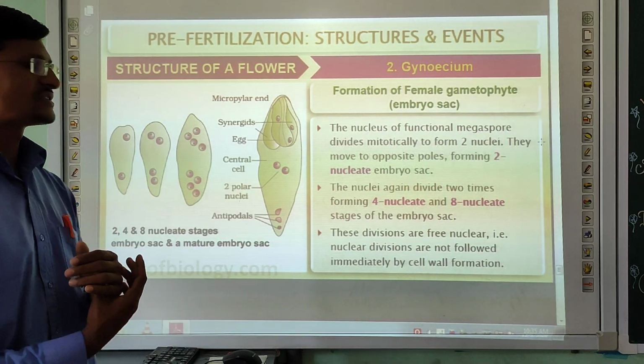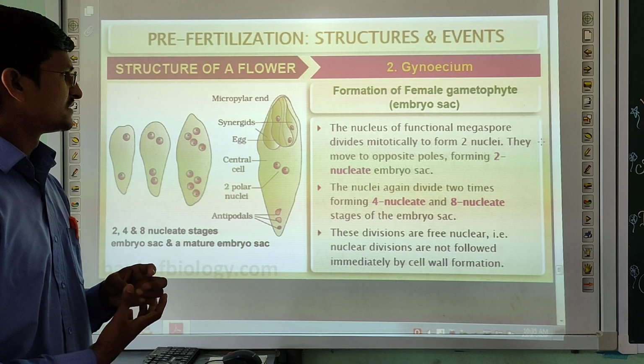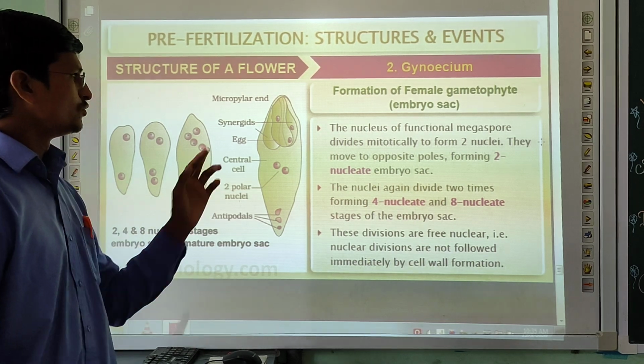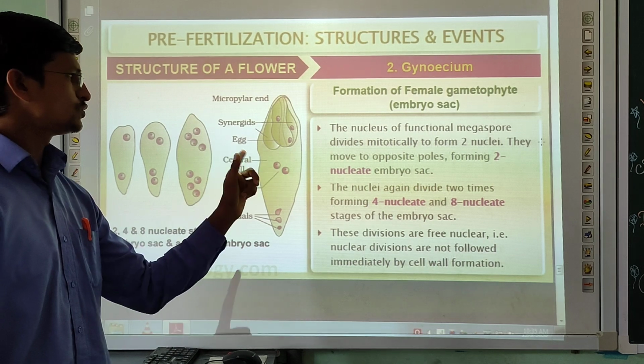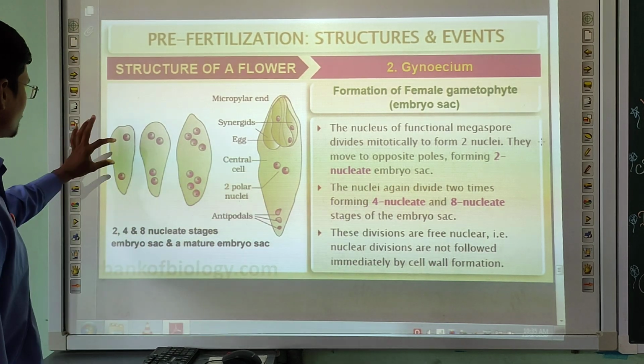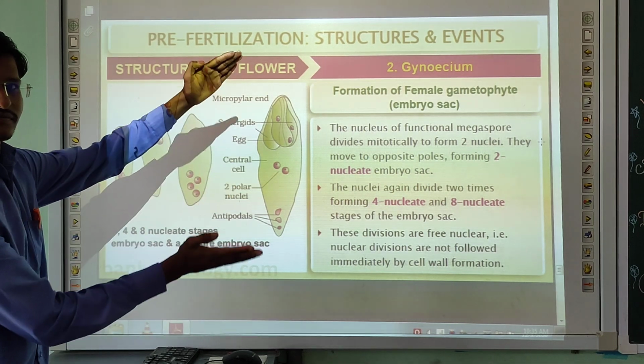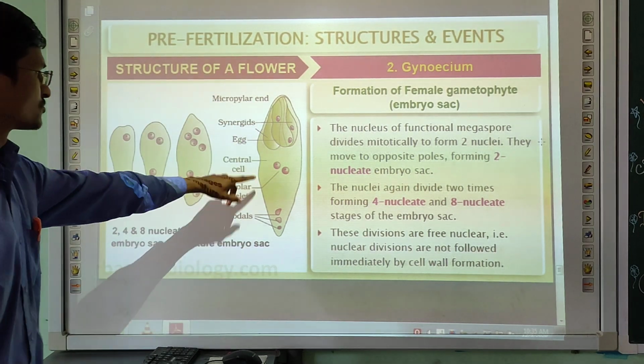Okay, the nucleus of the functional megaspore divides mitotically to form 2 nuclei, and they move to opposite poles, forming a 2-nucleate embryo sac. You can see that 2 to 4, 4 to 8. So you know this.